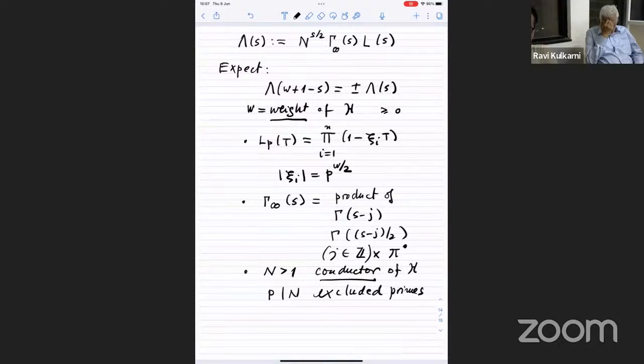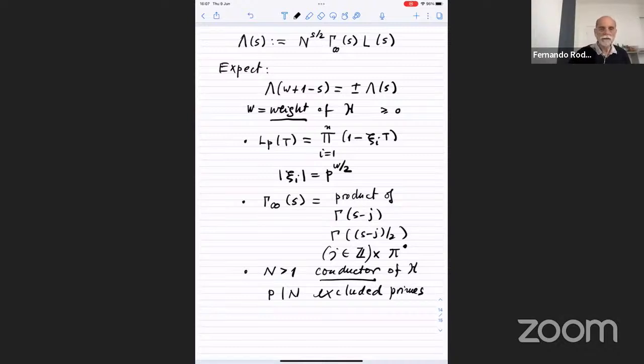Okay, so I thought I'll show you an example of this by looking at Magma. So let's see if I can manage to do this. I'm going to take a motive defined as follows.